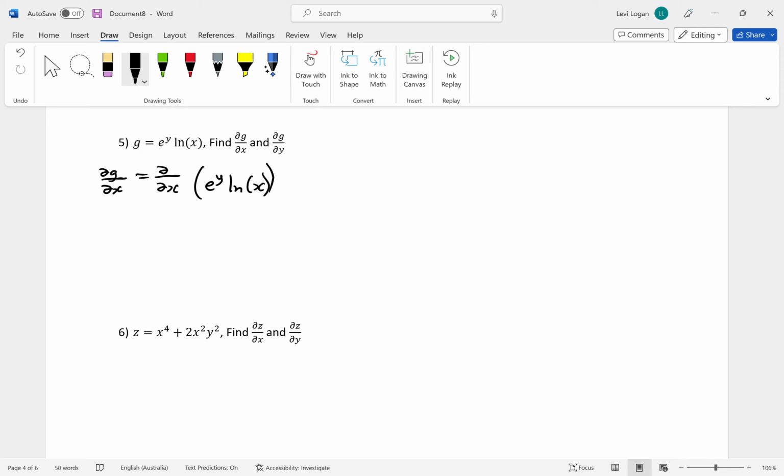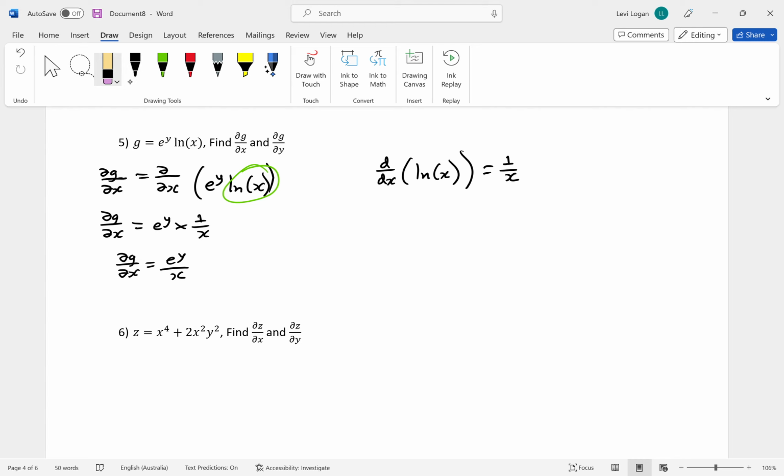We have to differentiate this log because it has an x in it. Recall that the derivative of log x is 1 over x. So delta g over delta x is e to the y times 1 over x, which simplifies to e to the y over x. Boom, that's not that hard, is it?